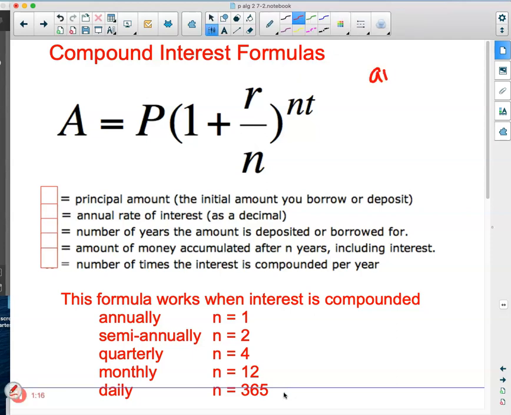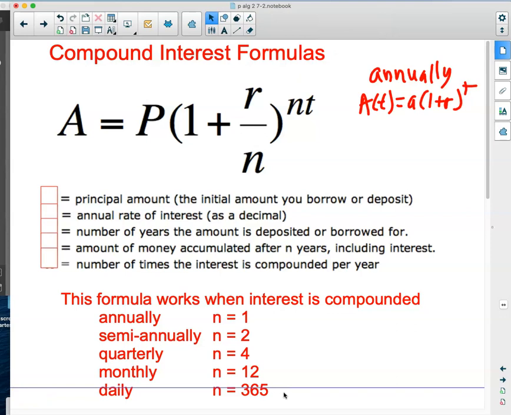If it says annually, we can still use our little growth formula from before. So we don't have to use this one when it says annually. Annually, you can just go ahead and use our nice little easy growth formula.